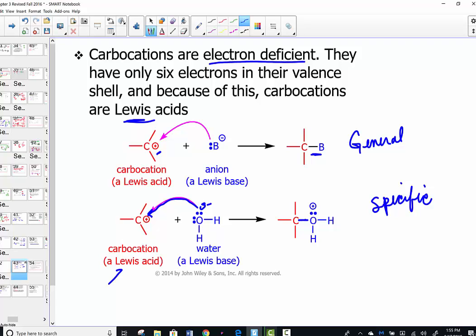In this example, the carbocation was a Lewis acid. A Lewis acid is electron deficient. Water acted as a Lewis base because it was electron rich, and we formed a new bond between the two.